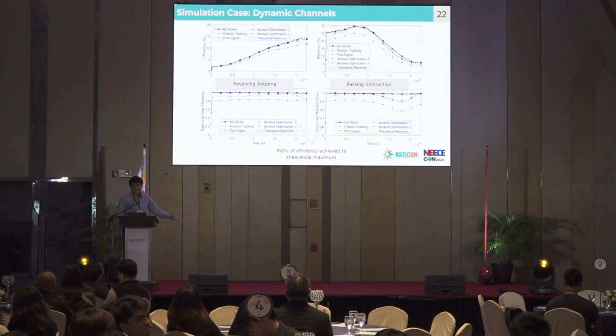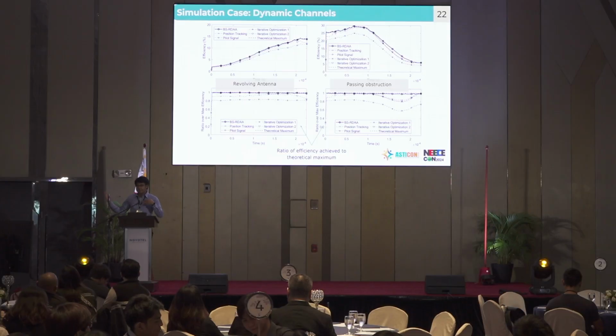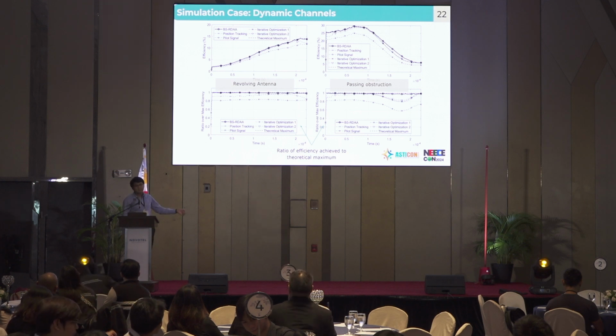What happens now if we put it in dynamic channels? When the channel is moving, the maximum efficiency also changes over time. The first case on your left is the revolving antenna case. It is maximum when the antennas are in the best alignment. As you can see, from the worst alignment it revolves towards the best alignment, and the efficiency of all cases increases. That's the graph on the upper left.